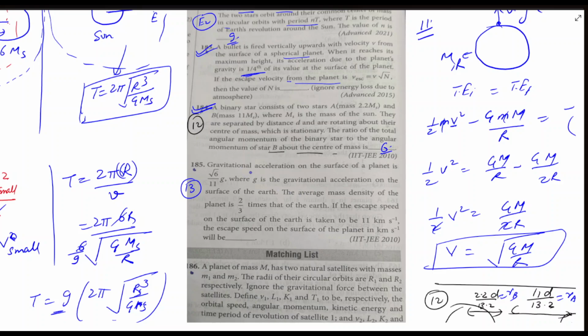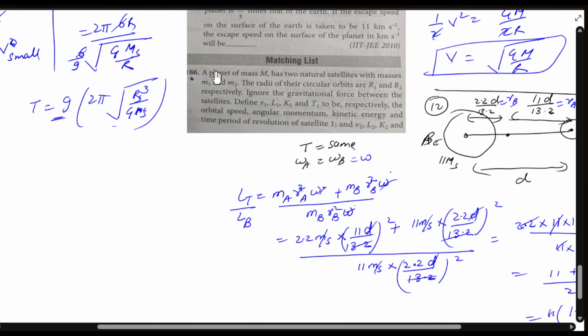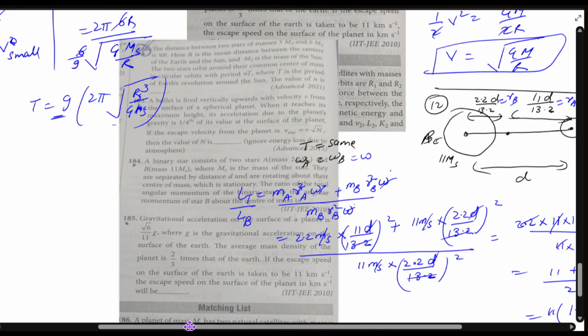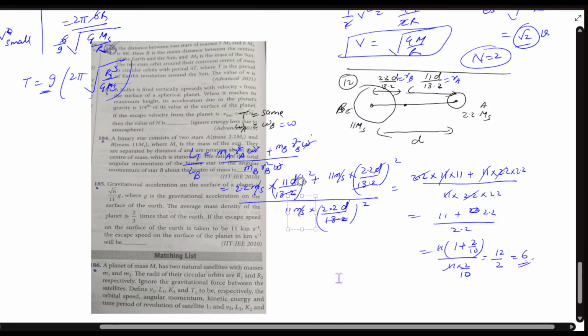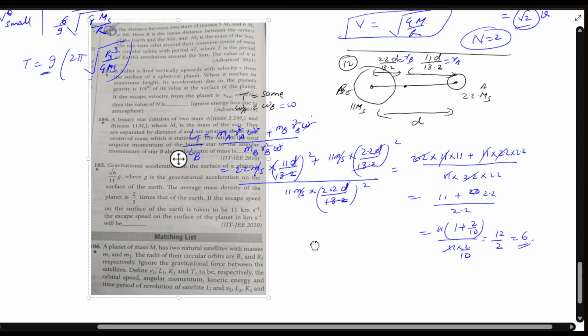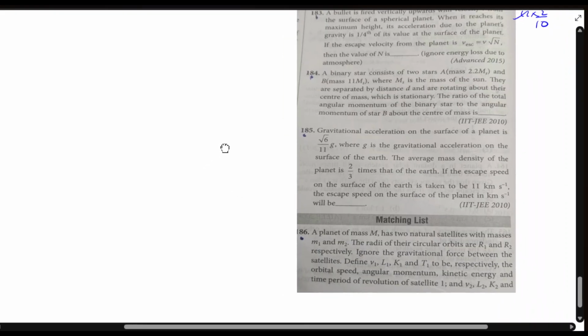We have the gravitational acceleration on the surface of a planet as root 6 by 11 g, right?